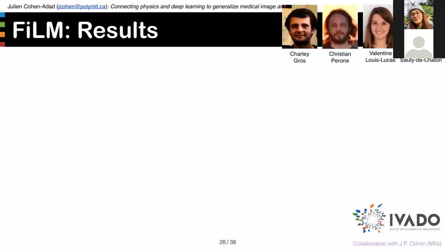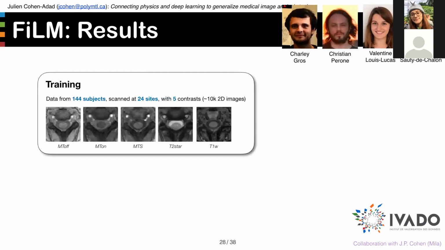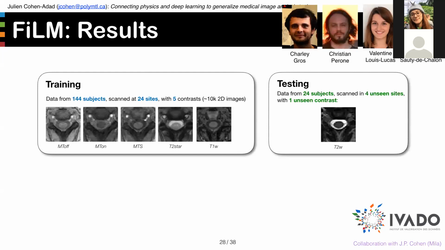So let's see how FiLM would then work with that. For the training, we used 144 subjects scanned at 24 sites, and we trained it on 5 different contrasts. You can see that the contrasts look different, even though we are looking at the exact same structure. It's basically an axial view of a cervical spinal cord. For the testing, we used data from 24 subjects scanned in 4 unseen sites with 1 unseen contrast.